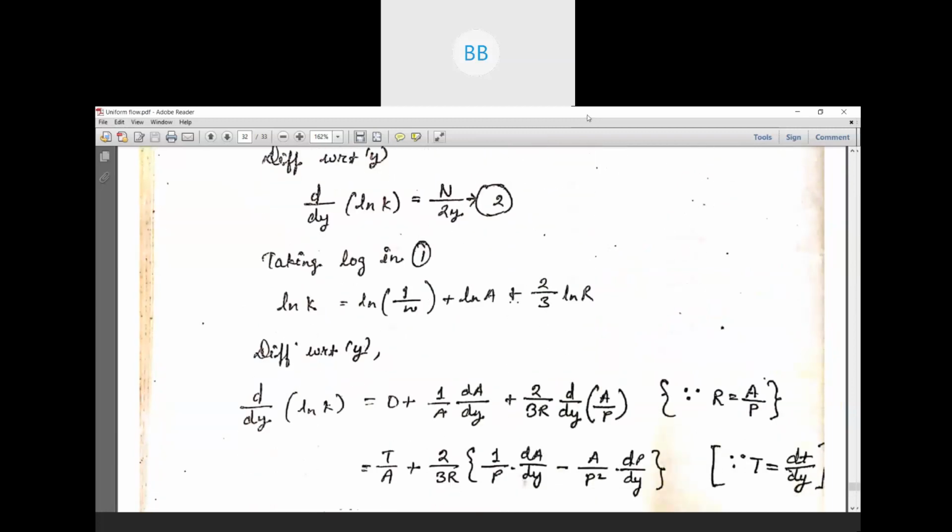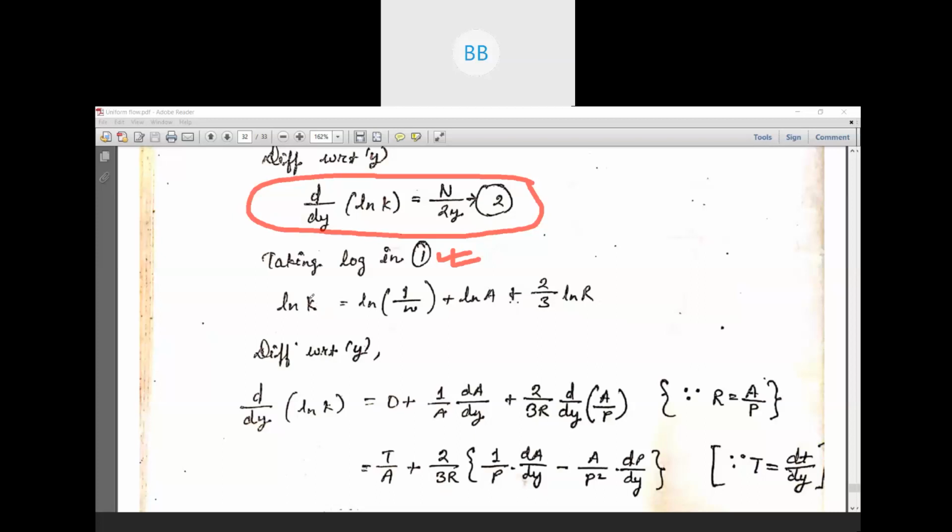So this is our equation number 2. Then we will take log again in equation number 1. The process is the same as it was for case 1 when we used Chezy's equation. Only the expression will be different because of the equation that we use for velocity.